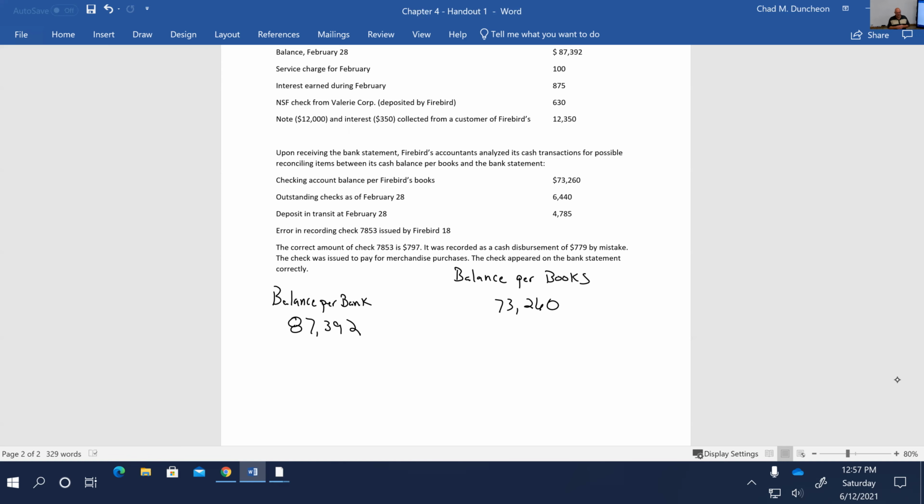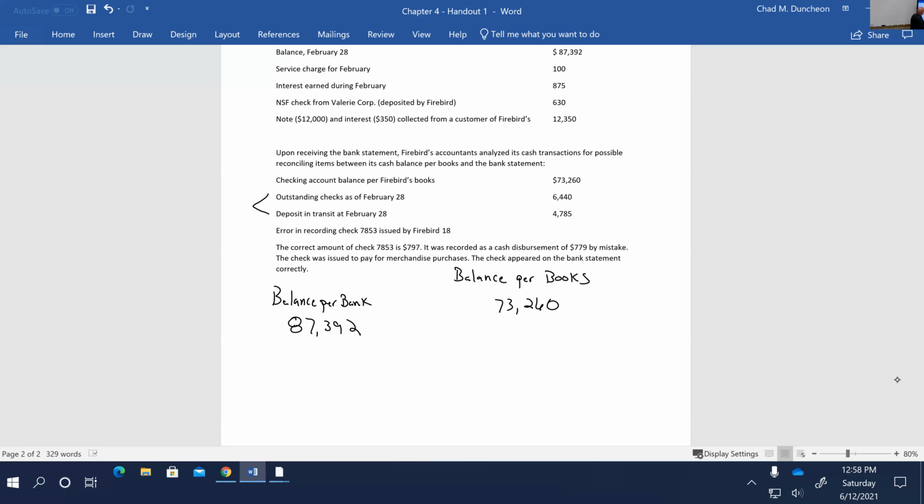So for my bank statement, what kind of adjustments do I need to make? Well, I need to only adjust on stuff the bank would not know about. Two major things the bank would not know about are deposits in transit, something we recorded on our books that has not gotten to the bank yet, or outstanding checks, checks we have written that have not yet made it to the bank either. I look up here at our information and we have both of those.